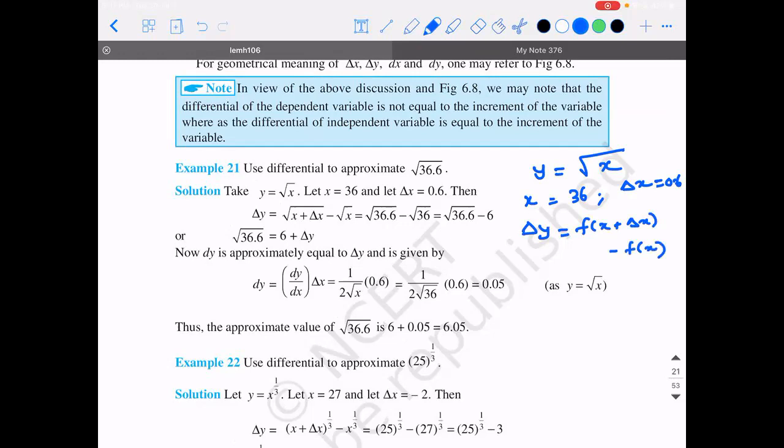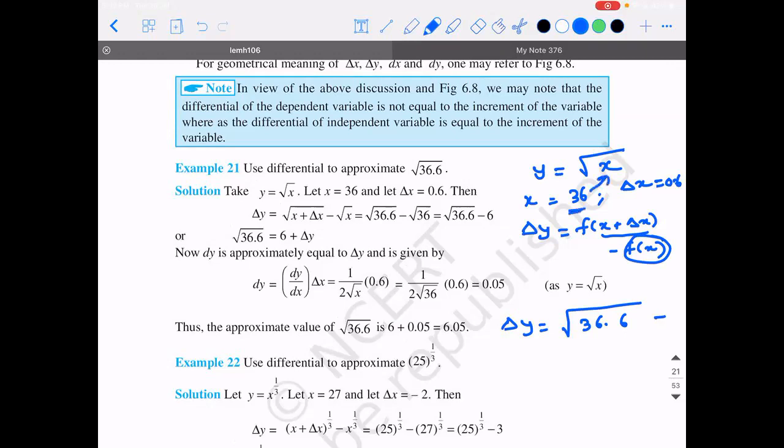So f of x plus delta x is how much? F of 36.6. So delta y will be equal to square root of 36.6 minus f of x. What is f of x, guys? x is 36.